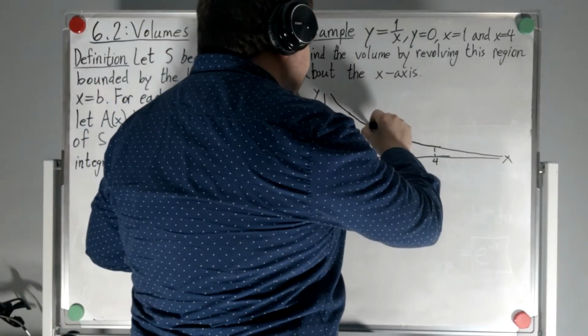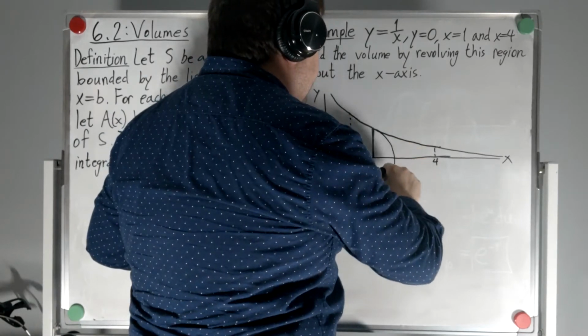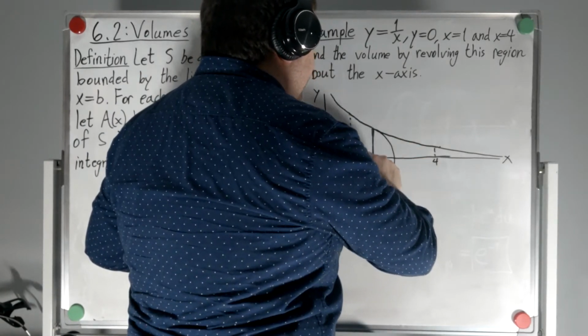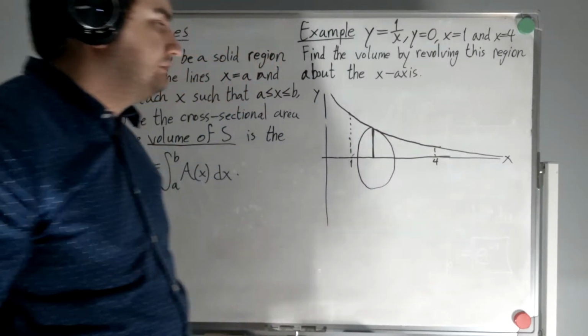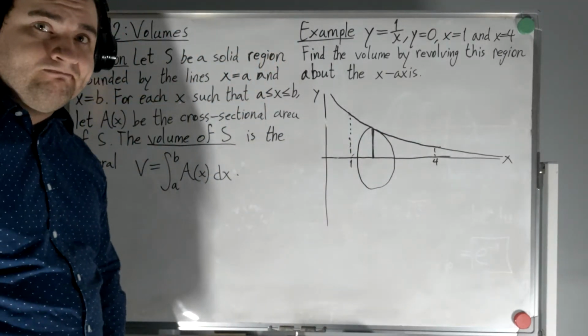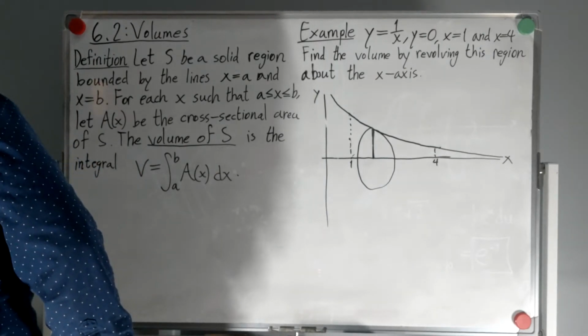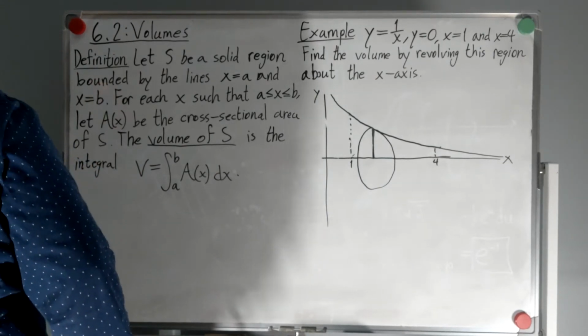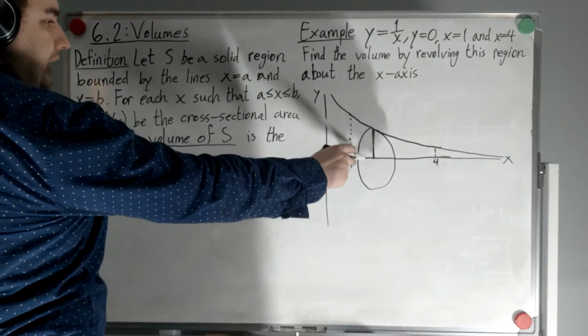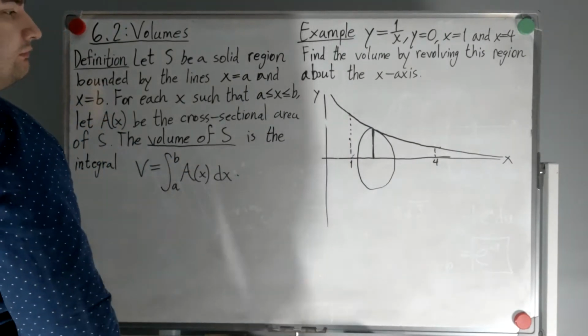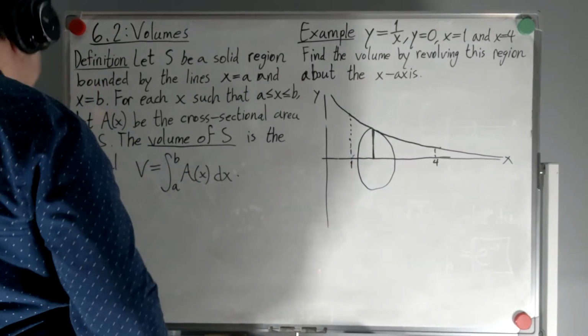Okay? This rotates around the x-axis and you get some kind of disk shape. That is, the area of that disk is the cross-sectional area at this particular value of x. So first of all, let's figure out what that is.